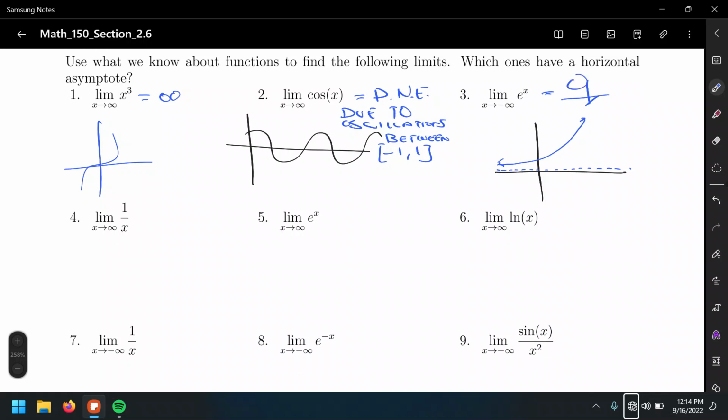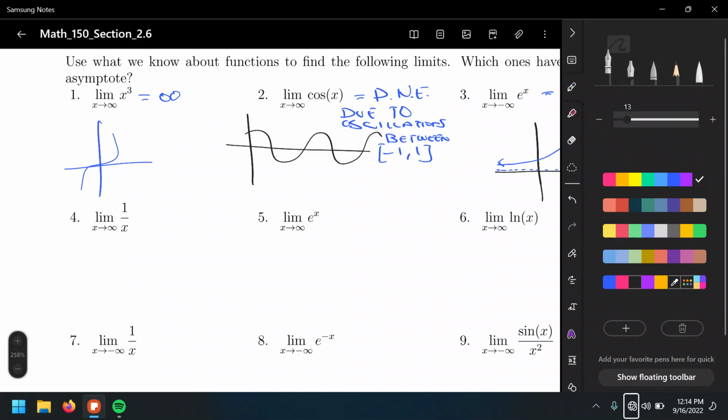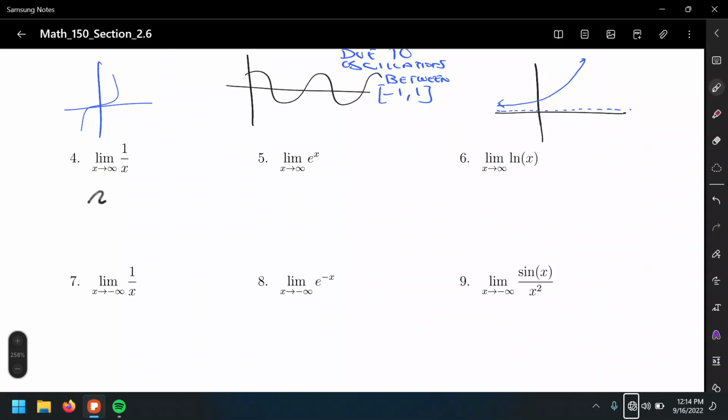Let's look at another one. So limit of 1 over x. Let's draw the graph of 1 over x. And we know the graph for 1 over x looks like this. Now, what's the limit as x goes to positive infinity? 0.